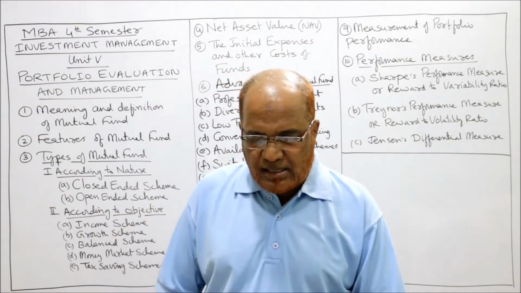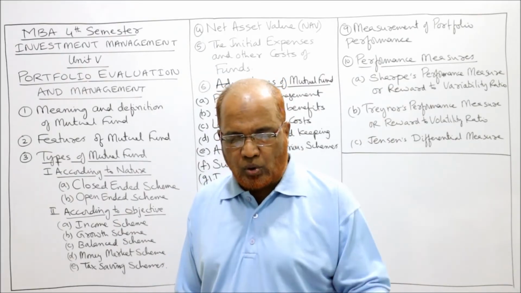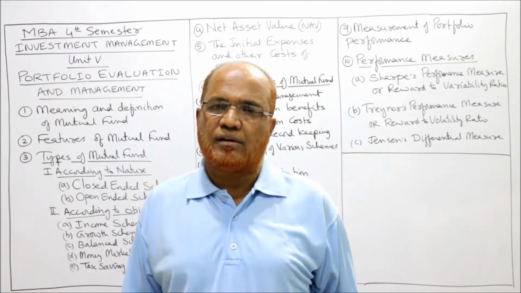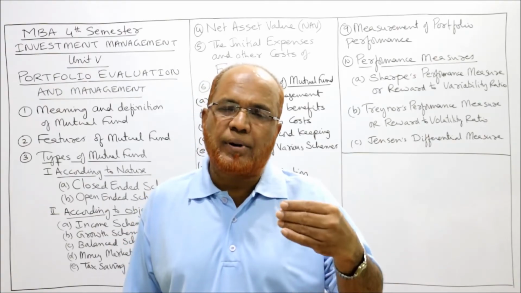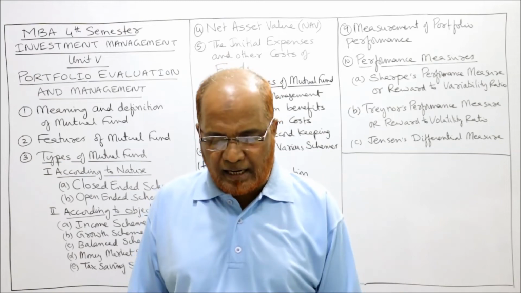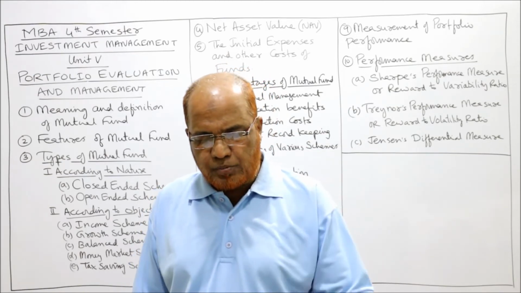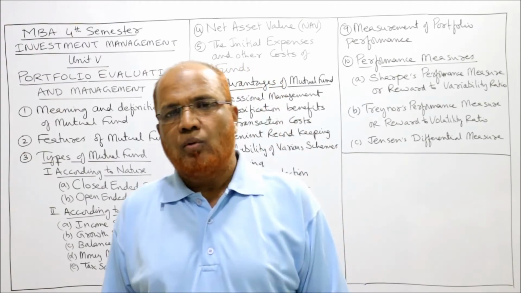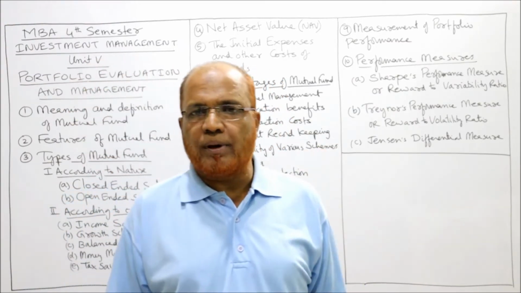Now, open-ended scheme is available for subscription all through the year, 365 days of the year. The open-ended scheme is completely open. You can invest or you can disinvest at any time. These do not have a fixed period. Investors can conveniently buy and sell at NAV. What is this NAV? We will discuss it in the next topic.